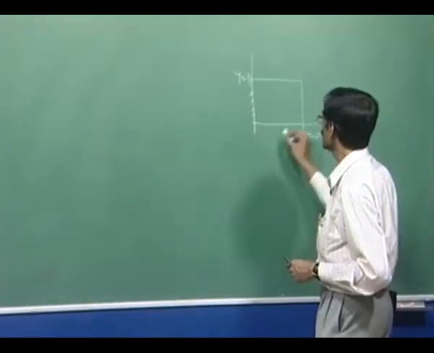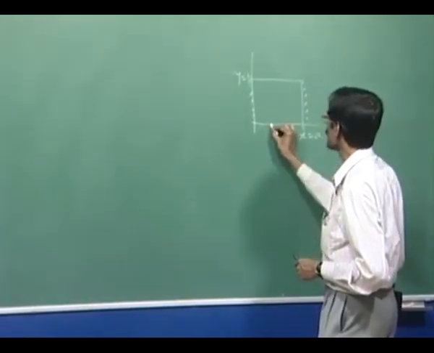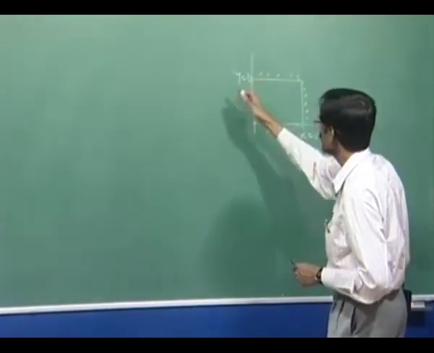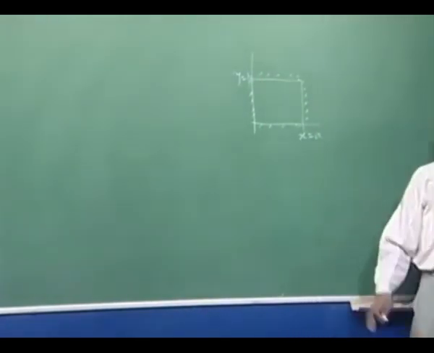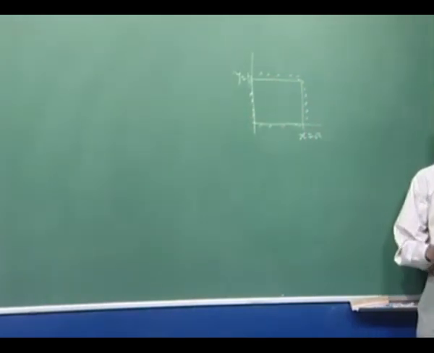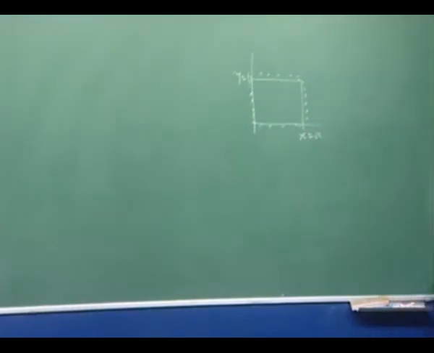This is one boundary, this is another boundary, this is the third boundary, and this is the fourth boundary. If we prescribe the temperature values over the entire boundary, then we have got a Dirichlet problem. So, this is the differential equation and the boundary conditions are here.